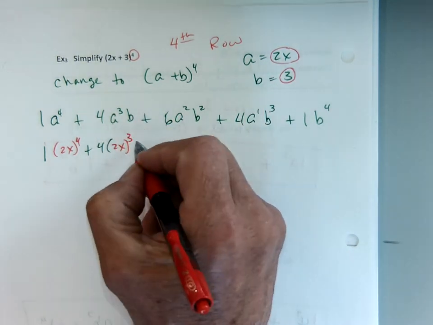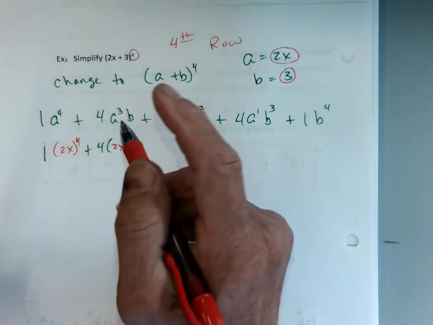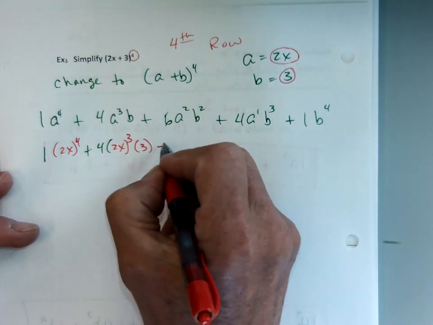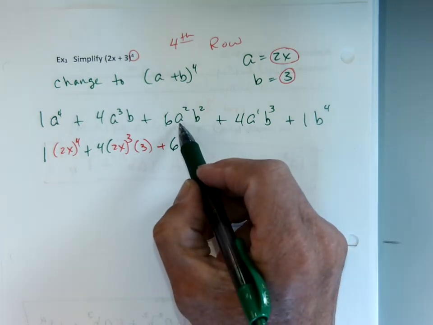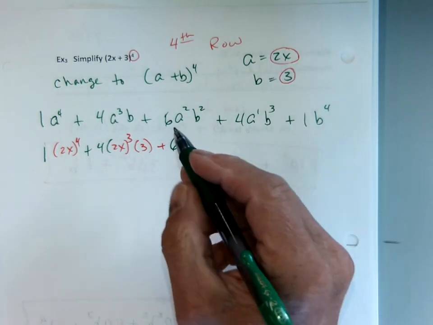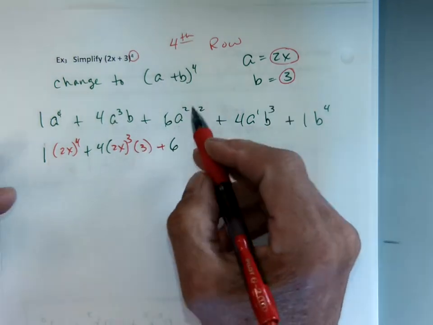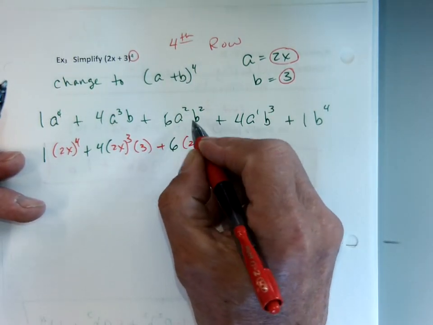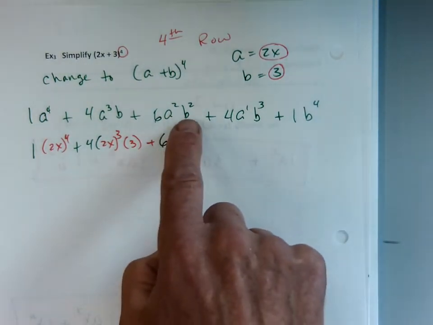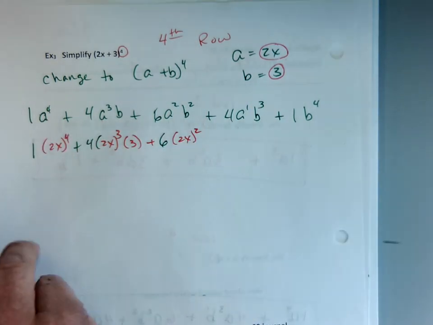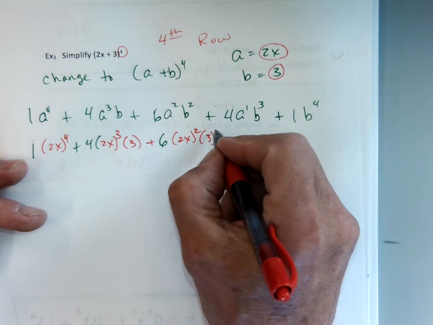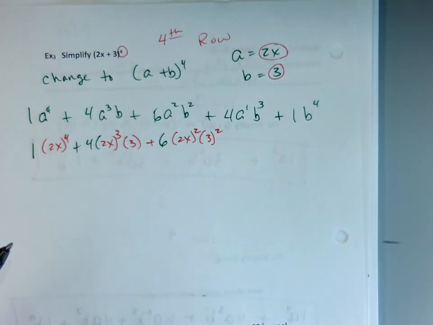So I'm going to put in a 3. Plus 6, but instead of writing A, I'm going to write what A is equal to, which is 2x, squared. And instead of writing B, I'll write what B is equal to, which is 3, so then I'll go my 3 squared. Plus 4.